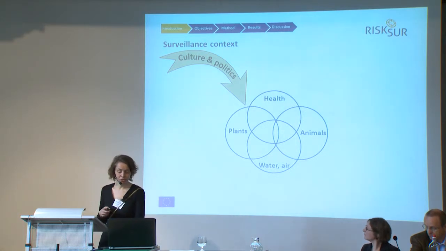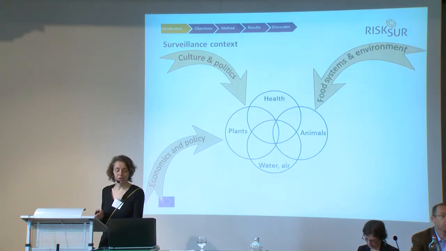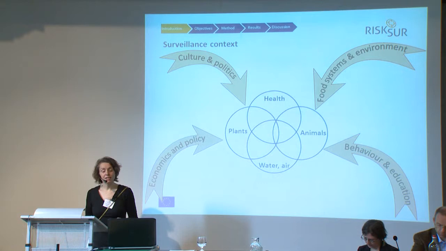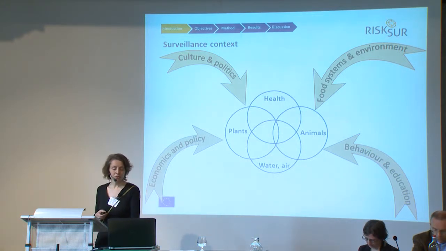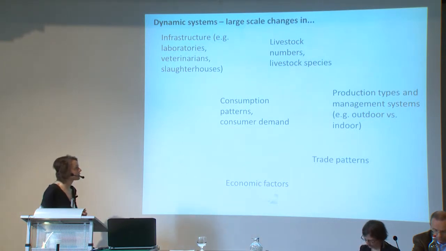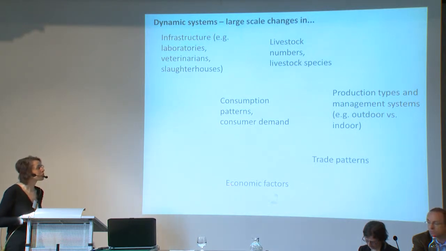by the political economy, and boundaries are set by the cultural and economic context, which shapes what our food systems look like, and also the environment, and also has an influence on how people behave and take decisions. This creates dynamic systems where we see large-scale changes in, for example, consumption patterns and consumer demand, which is largely driven by economic growth.